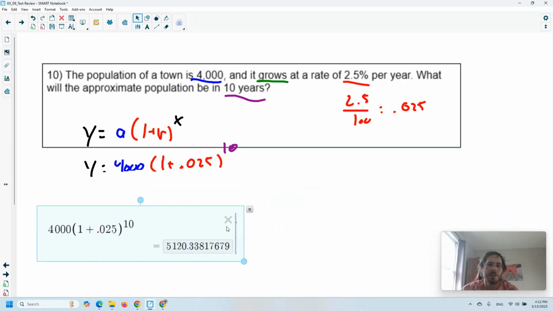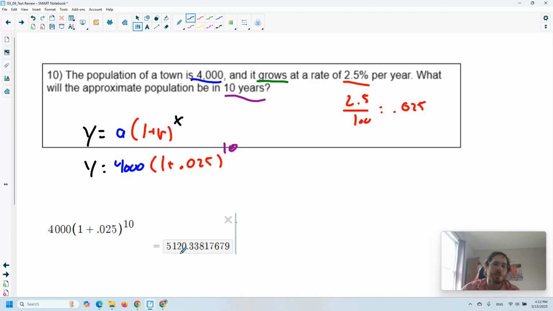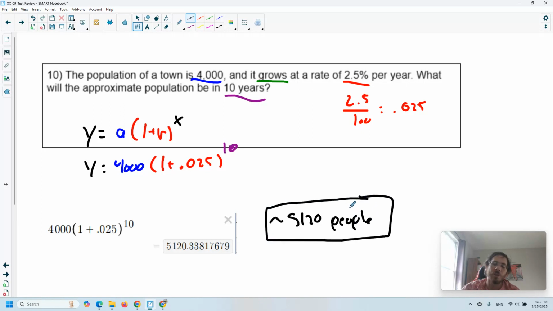And in this context, we've got a number of people. So we want to write our answer as a number of people at the end. So we got 5120 people. There we go. So if you round that up to 5121, that's okay. I would prefer this one just because you don't really have that extra person yet, but either answer would be fine.